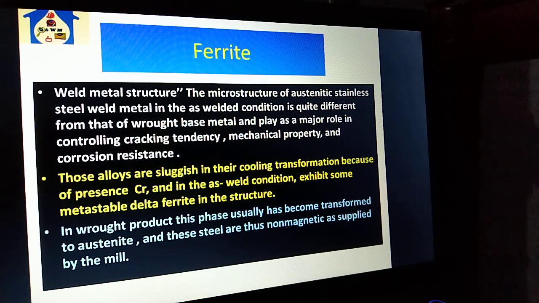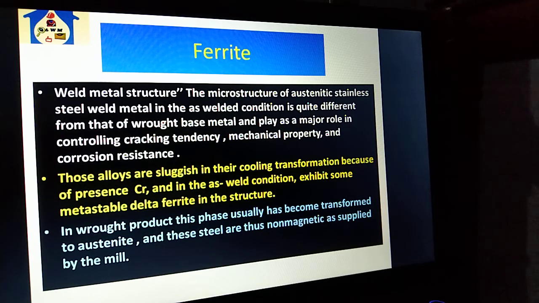Weld metal structure. The microstructure of austenitic stainless steel weld metal in the welded condition is quite different from that of the base metal, and the alloy has a major role in controlling cracking tendency, mechanical properties, and corrosion resistance.